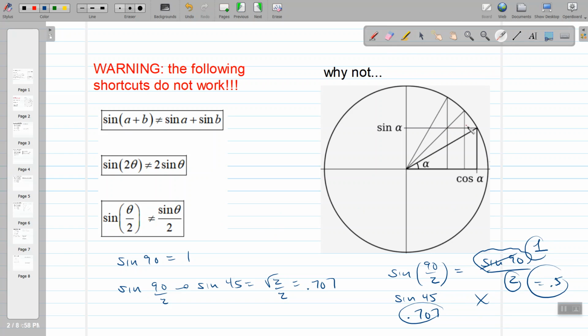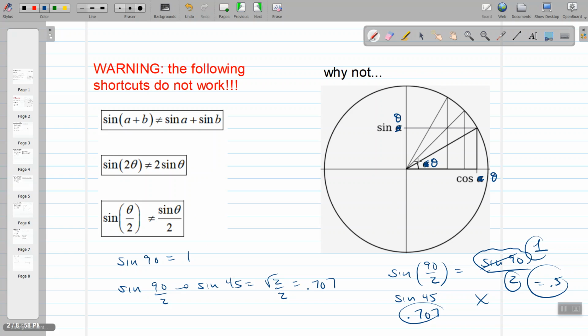I have a circle over here because I want to also show you visually why it doesn't work. Let's start with, for example, alpha, but it doesn't matter, I can always use a theta in this case, so let me just change all these to theta.